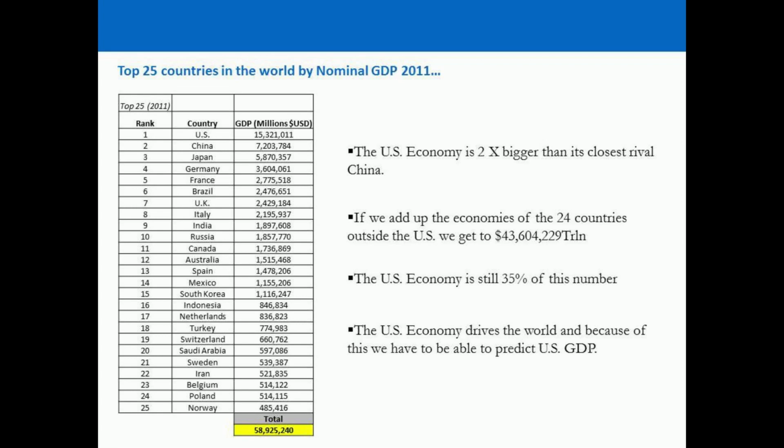US economy, 2 times bigger than China, a little bit more. If you add up the 24 countries outside of the US, you get to 43 and a bit trillion. US economy is still a third of that number. The US economy just drives global GDP. Pretty much you can have a view on everything if you can predict US GDP.